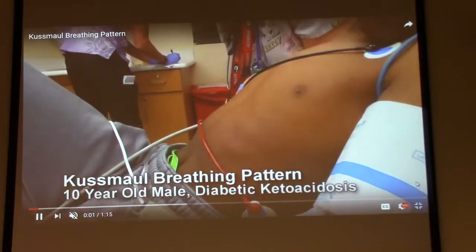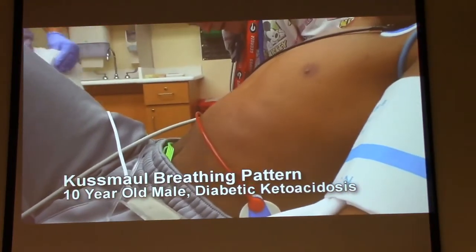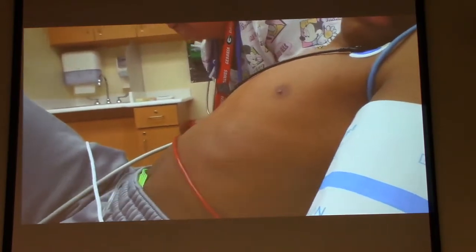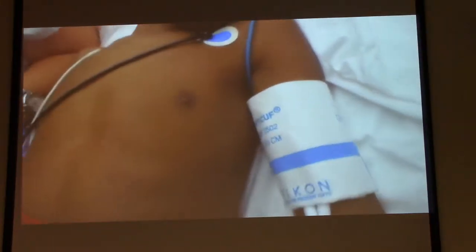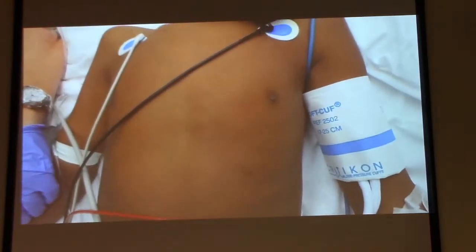Okay, take a look at this child's chest. This is Kussmaul respirations. They're deep ventilations and they're quite rapid. He's trying to get enough oxygen in and trying to blow off some of that excess CO2.